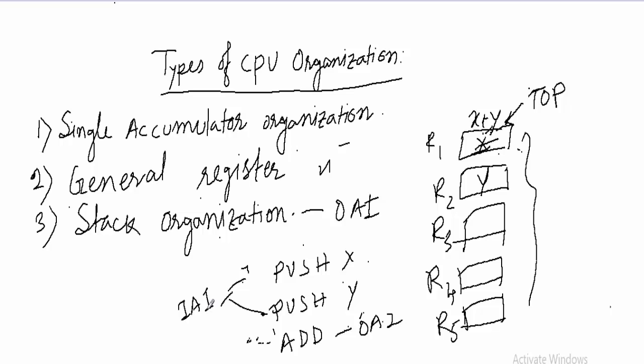Push is used to put the operand into the stack, and pop is used to take the operand from the stack and store it into memory. So from here we can understand that depending on the number of operands present in the instruction, the size of the instruction varies. Like a three address instruction is bigger than a two address instruction, a two address instruction is bigger than a one address instruction, and a one address instruction is bigger than a zero address instruction.